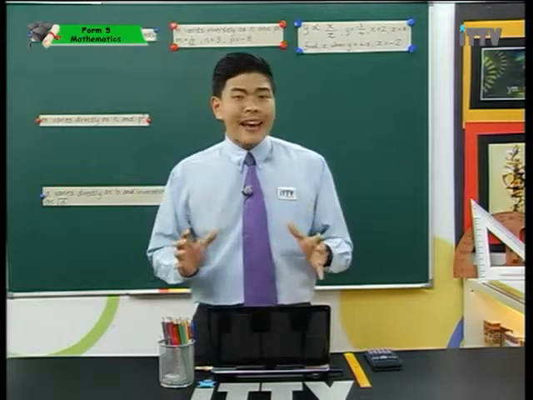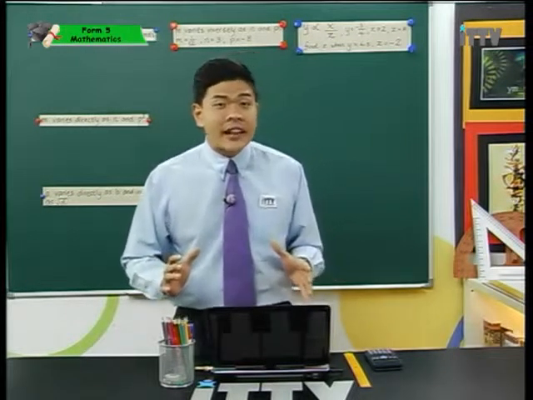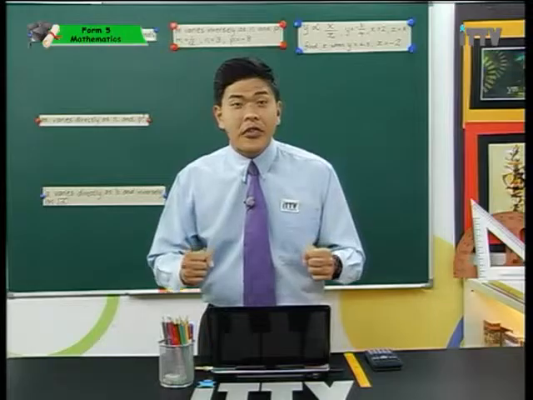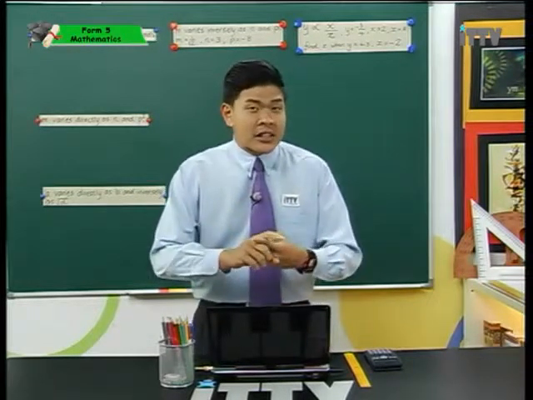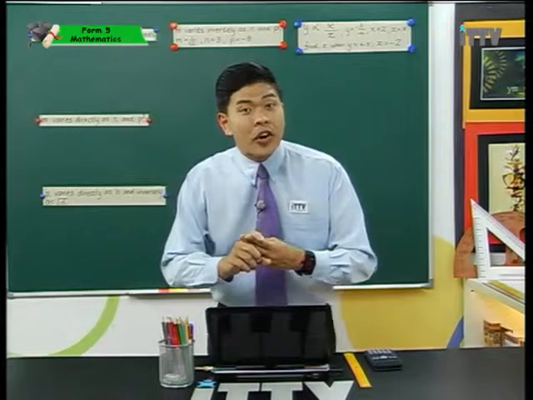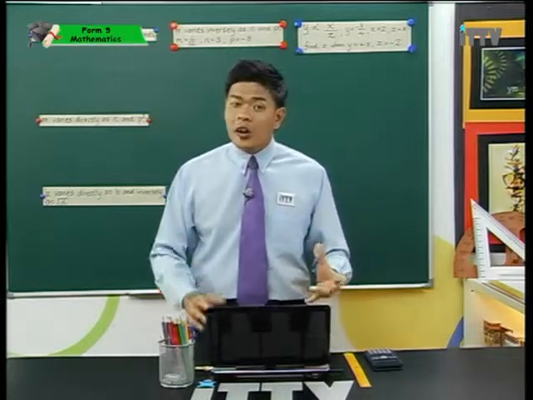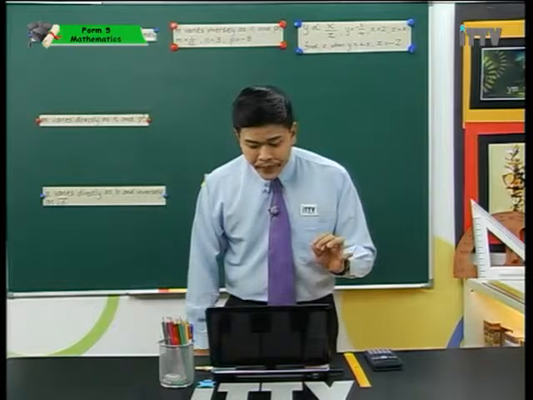Alright, so we can apply it to specific instances in our daily lives. Take driving for example. What are the quantities involved when you take speed? Distance is also involved, right? Time is also involved.